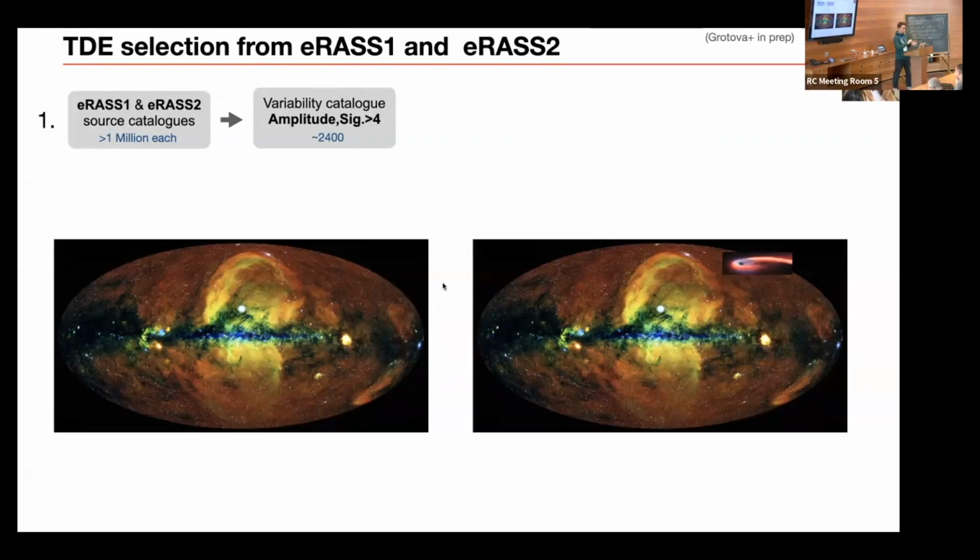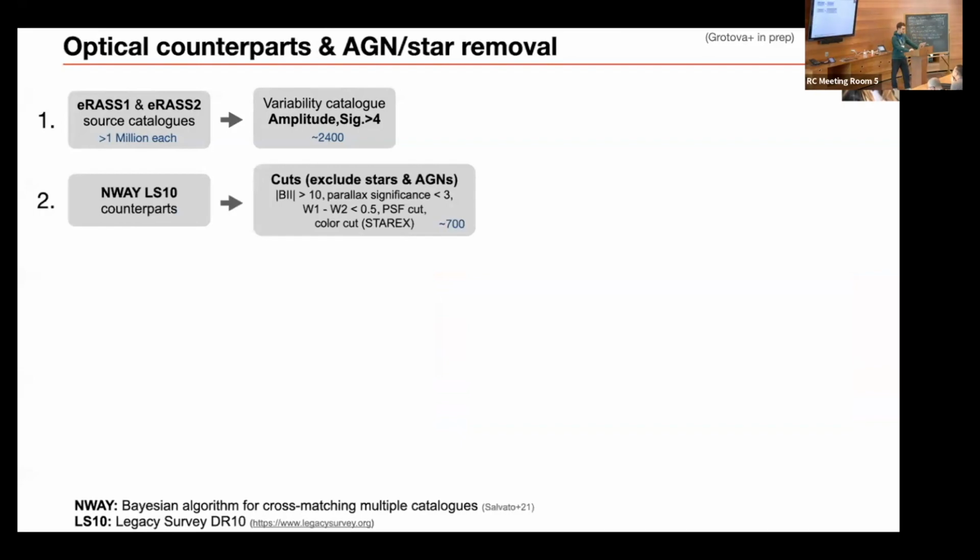Currently she's selecting them in the first 2 scans: you cross match the 2 source catalogs, look for sources which show significant variability between the 2 scans, and then select these as your X-ray transient sample.